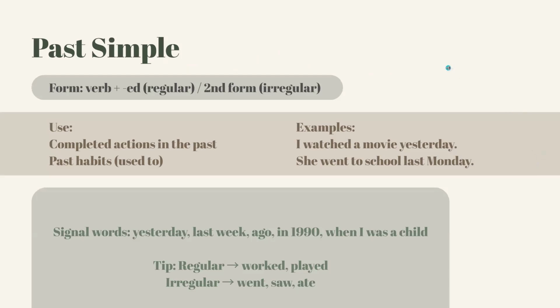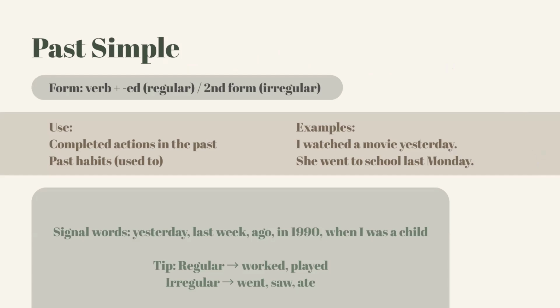Let's start with past simple. It's the one that we very commonly use. It's one of the first tenses that you would learn in English, basically when you're learning future and past, because it's the easier one.